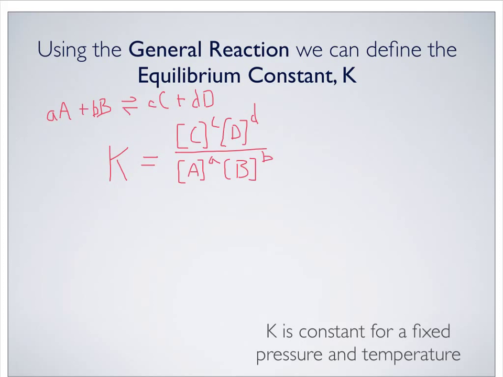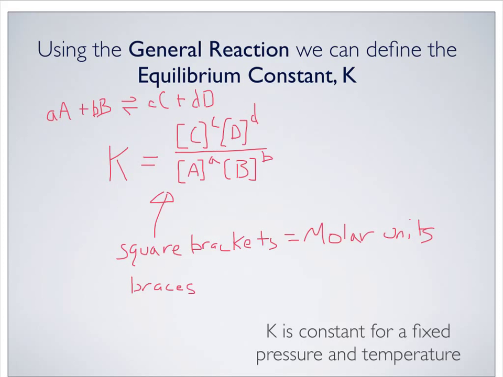Now, in the expression as I've written it here, I've used square brackets. So, square brackets are telling us that we have concentrations in molar units. Now, when we write equilibrium constants, strictly speaking, we should actually be using braces, which are going to be like this, and refer to activities.